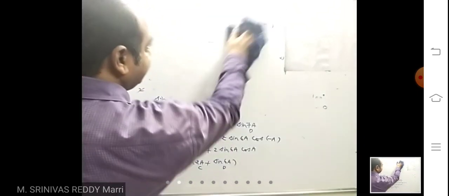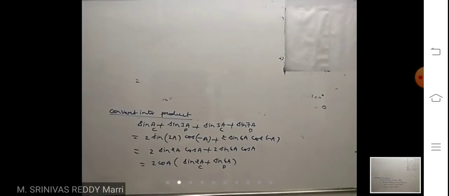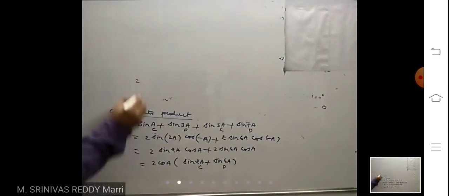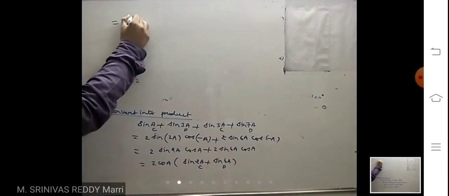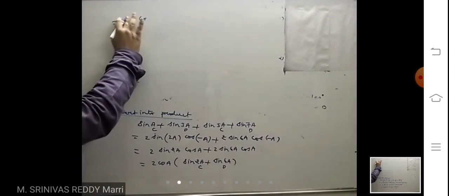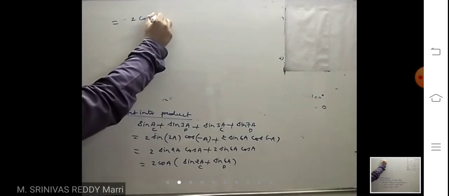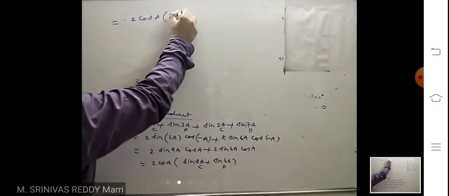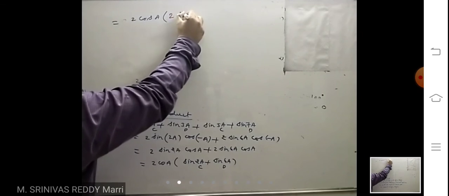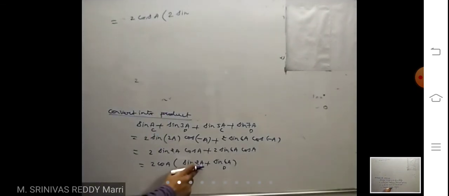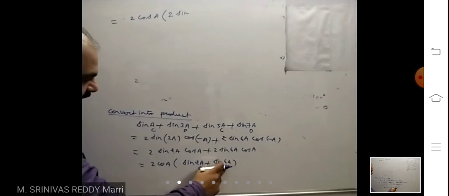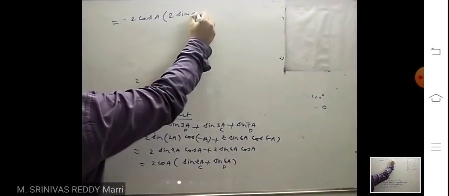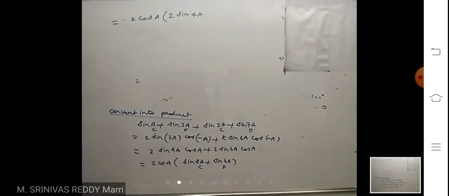Write the formula again: 2 sin (C plus D) by 2, 2A plus 6A is 8A by 2, that means 4A.